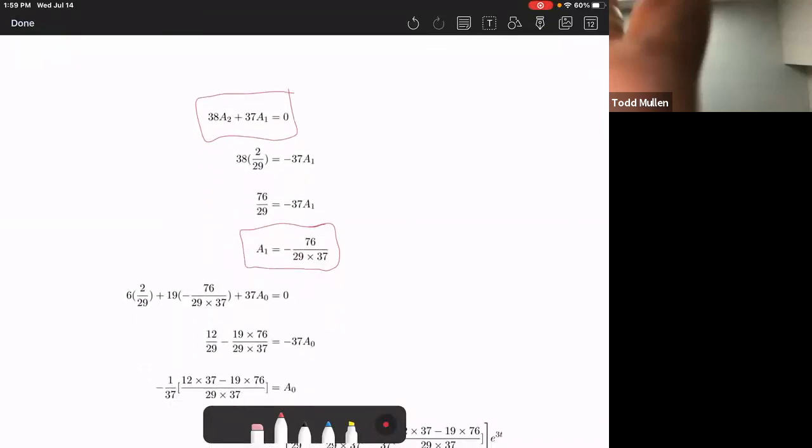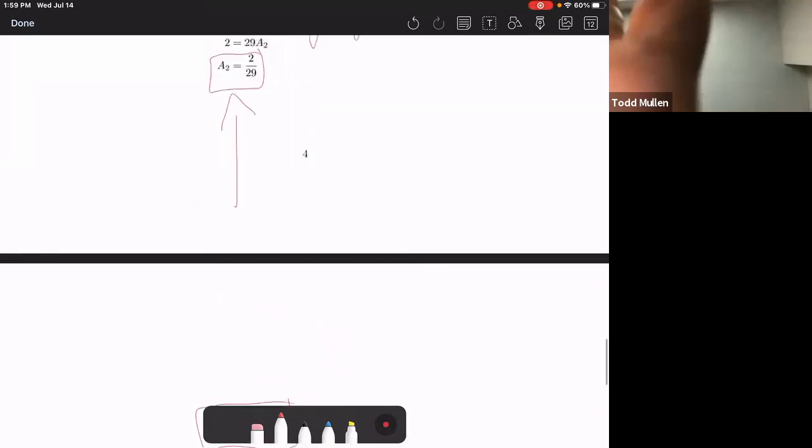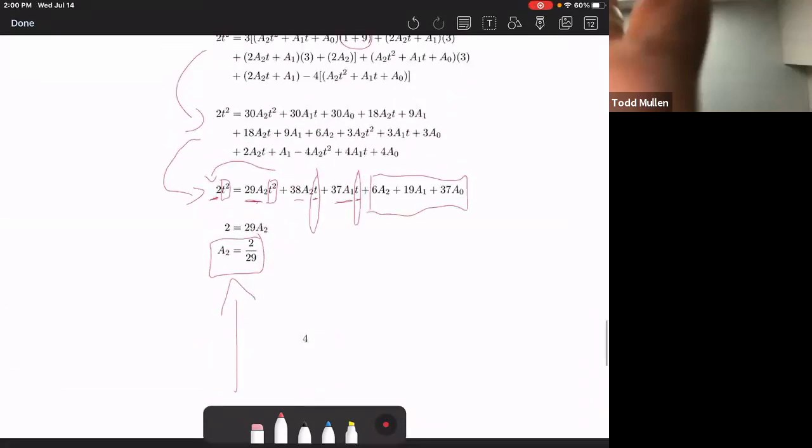And now a0, we're going to solve using our third equation, which is 6 times a2 plus 19 times a1 plus 37 times a0 is equal to 0. And we'll just go back to explain again where that's coming from. It's all these constant terms on the right, but there are no constant terms on the left.